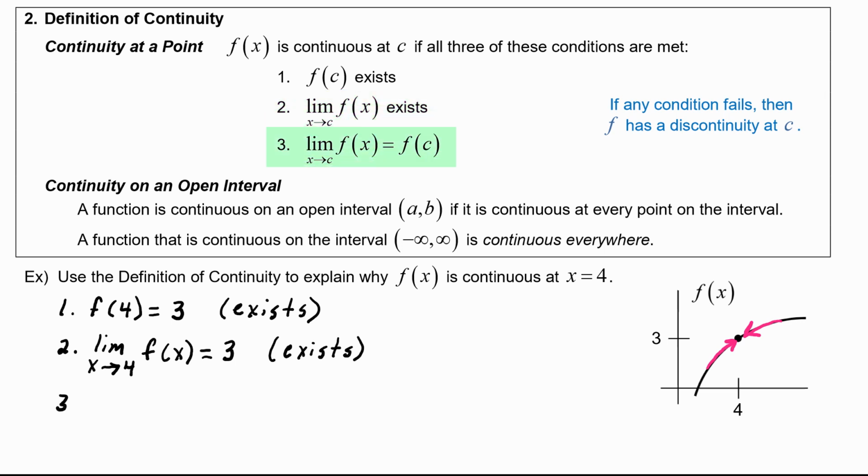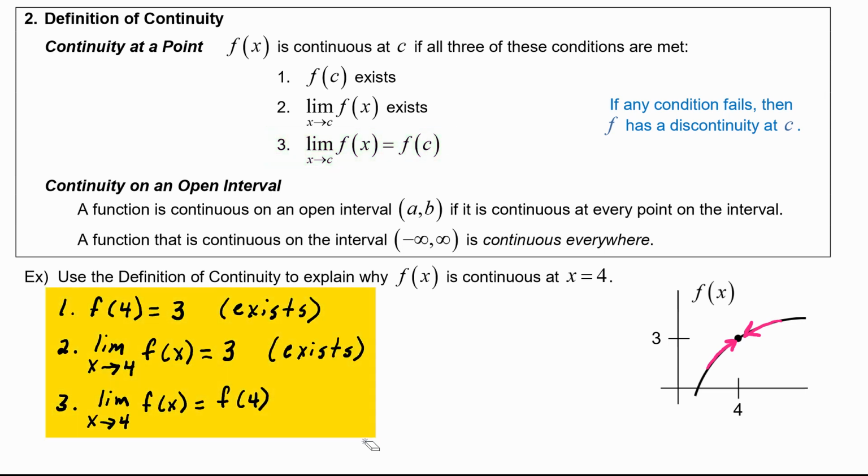And then in step 3, we have to show that the limit value is equal to the function value. And since they both equal 3, we can say that they are equal to each other. So the limit as x approaches 4 of f of x turned out to equal f of 4. Now, because all three of those conditions were met, we know that f will be continuous at 4.